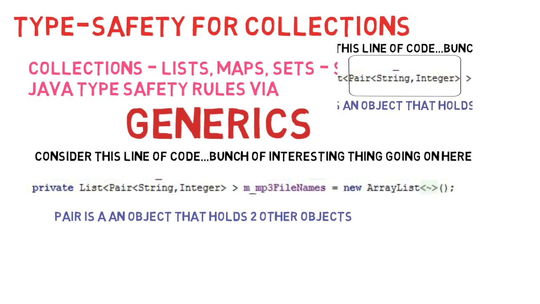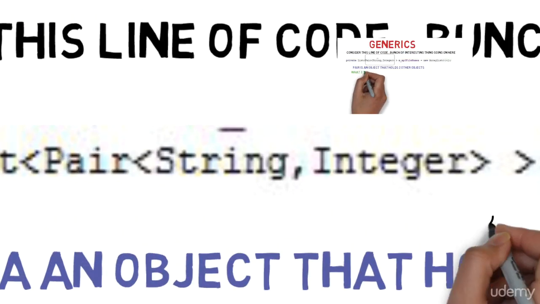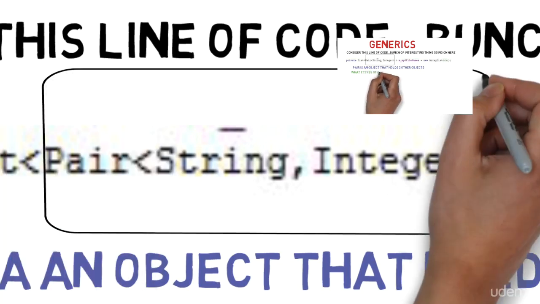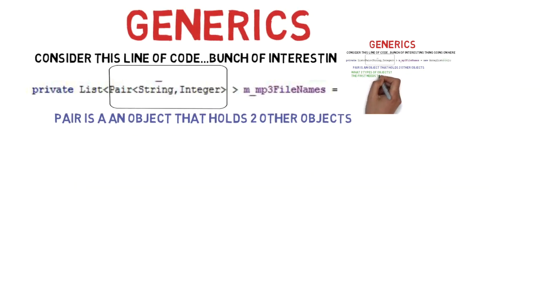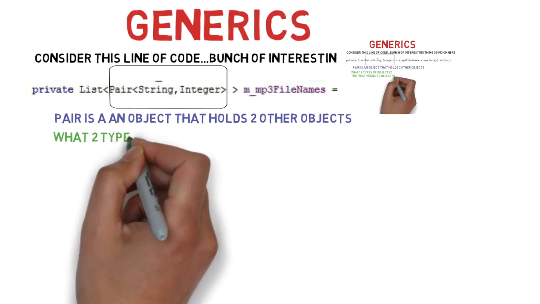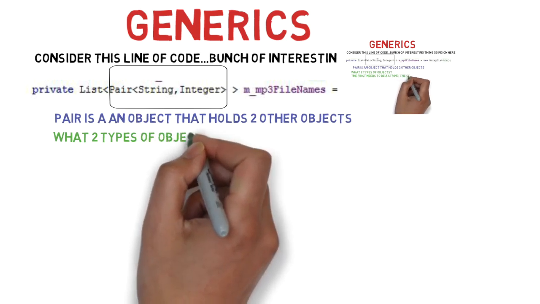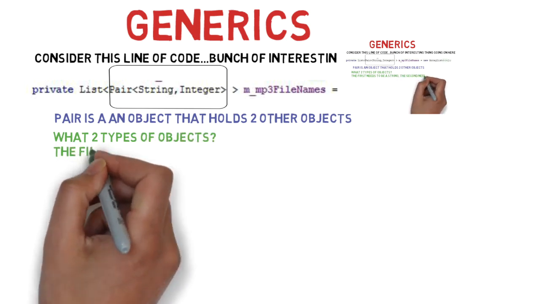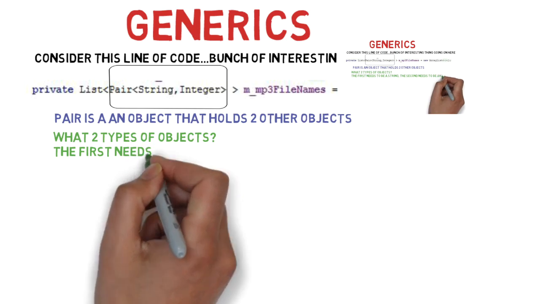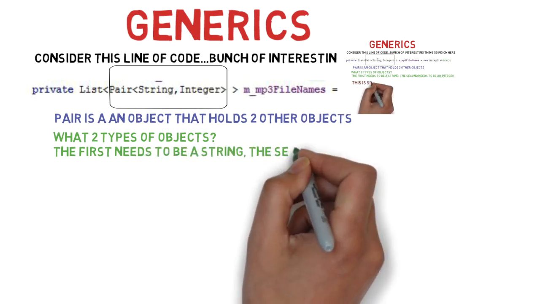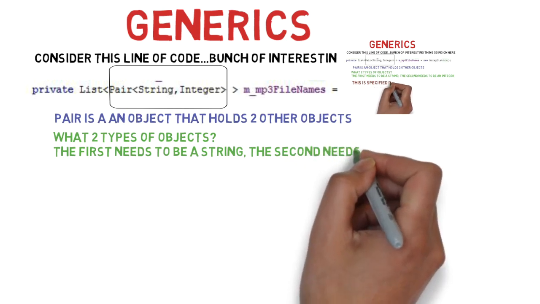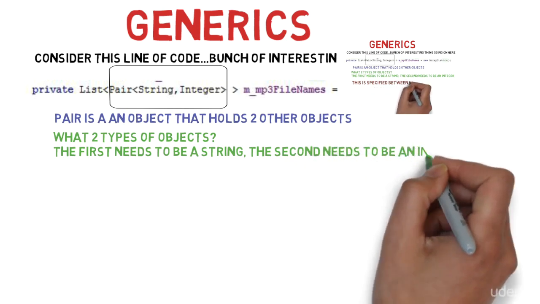One of those objects is a string and the other is an integer. So you have a pair generic class, and this specific one holds a string as the first object and an integer as the second object. By specifying it within angular braces like this, you are enforcing and you're helping Java enforce that the first object needs to be a string and the second object needs to be an integer.